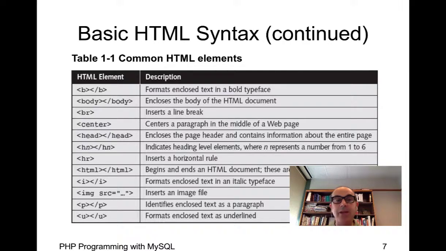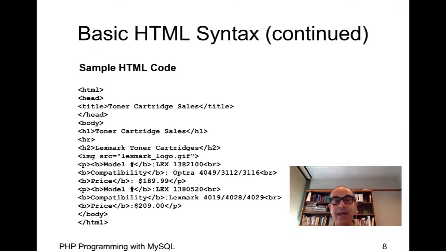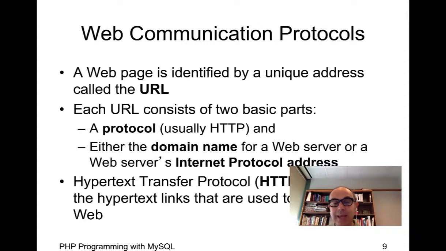So the syntax of HTML, again, I'm sure that you'll be able to go over that in your own time to see what it entails, and how to see the HTML code. And one of the things that HTML allowed us to do is to embed a communication protocol.